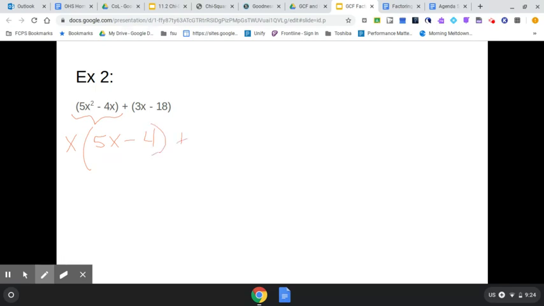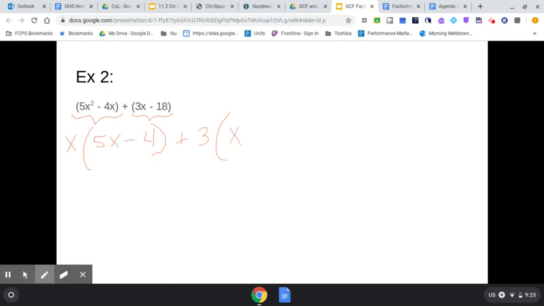Pulling down that plus sign and then looking at the second grouping, we have 3x minus 18. Thinking about those two numbers, 3 will divide into both 3 and 18. Notice they do not both have x with them, so the 3 is my GCF. 3 times what will give me 3x? 3 times 1x, or just x, will give me 3x.